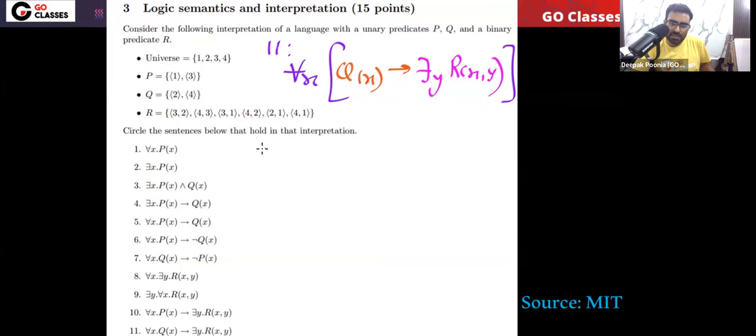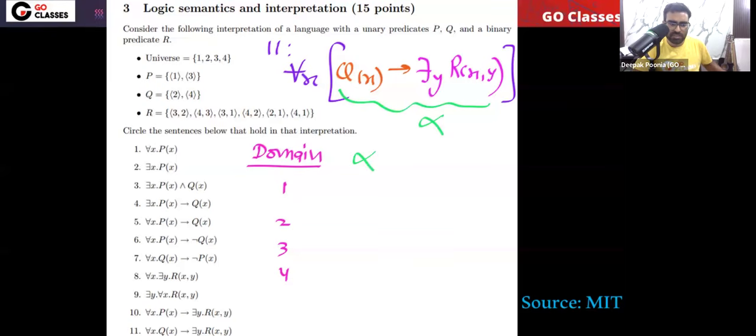See, very simple. Here you know that the domain is 1, 2, 3, 4. For a moment, let me call this whole thing alpha. For this alpha, if I take 1 or 3, then alpha will be true, because q will be false, and false implies anything is true.